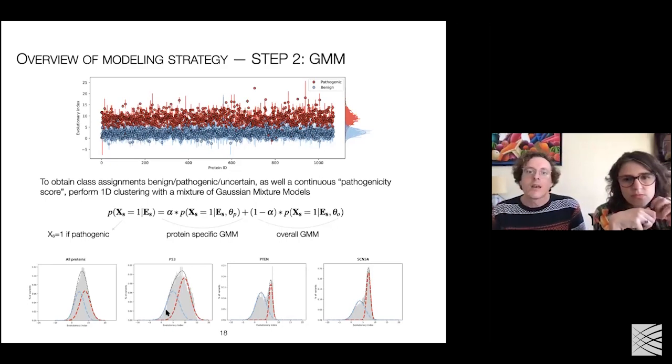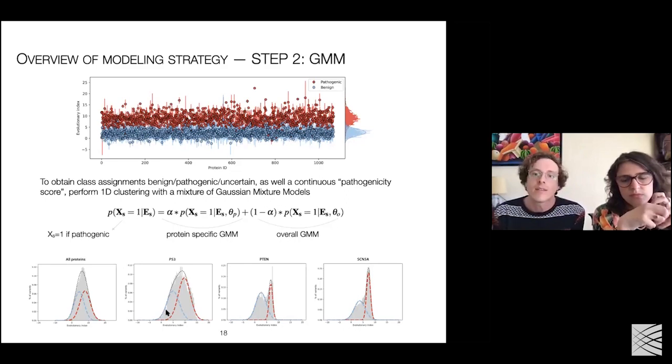And what we get from this is a score which has all the properties we need. It runs from 0 to 1, where 0 has the interpretation of being benign with extremely high confidence, and 1 has the interpretation of being pathogenic with extremely high confidence.